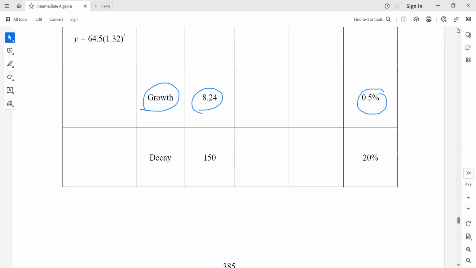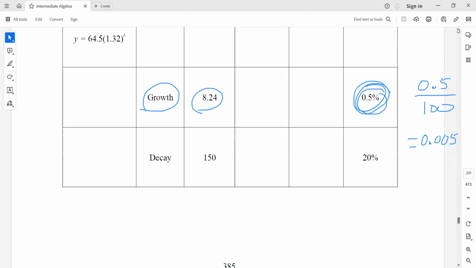Now if you want to start from the percentage, the percentage of the rate, then remember 0.5%. Here you have to take your time. 0.5% is not 5 over 100, it's 0.5 over 100. And if you put this in your calculator, you should get 0.005, okay?